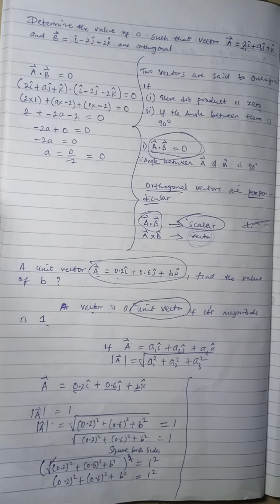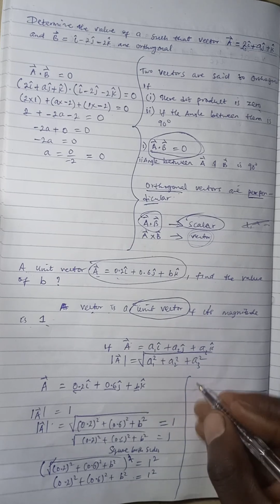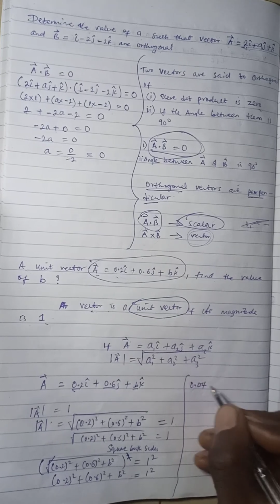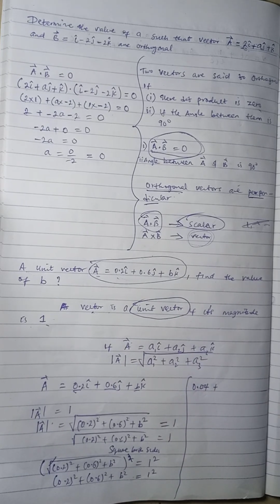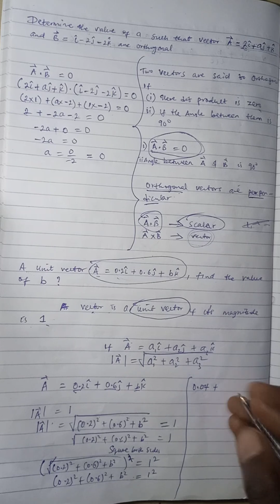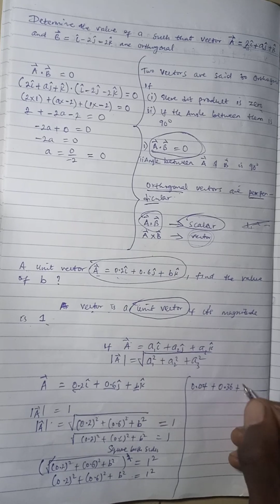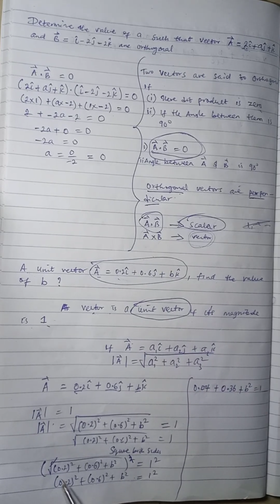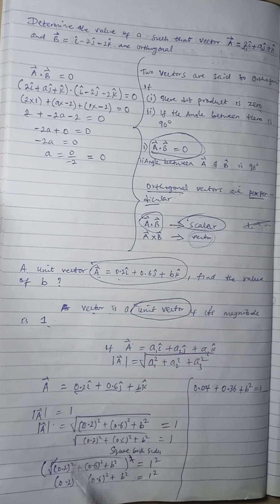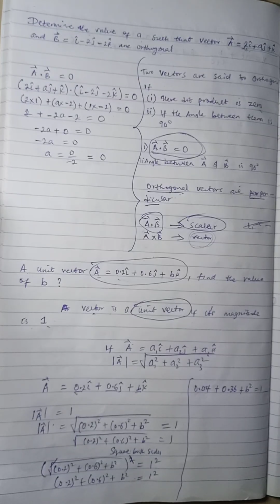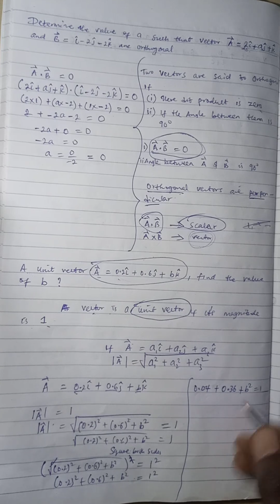Doing that, 0.2 squared will give us 0.04, plus 0.6 squared will give us 0.36, plus b squared equal to 1. So after squaring both sides, the square cancels the square root. 0.2 squared gave us 0.04, 0.6 squared gave us 0.36, and 1 squared is 1.